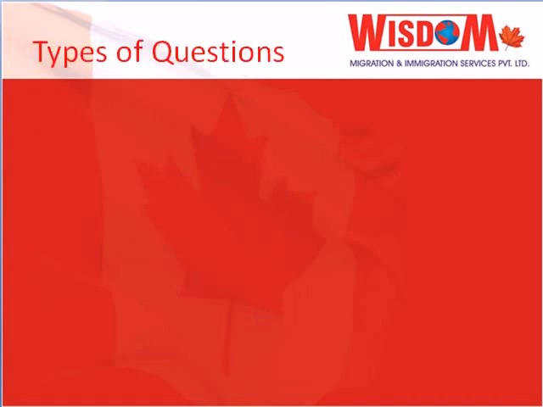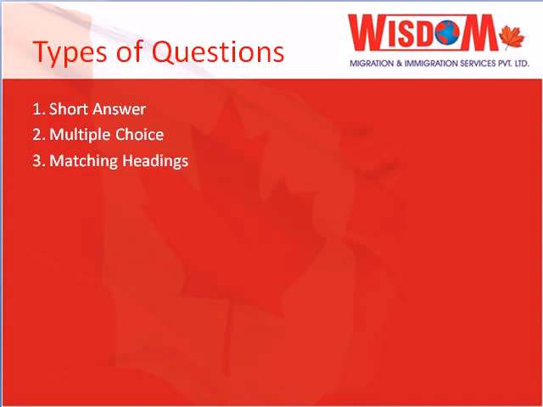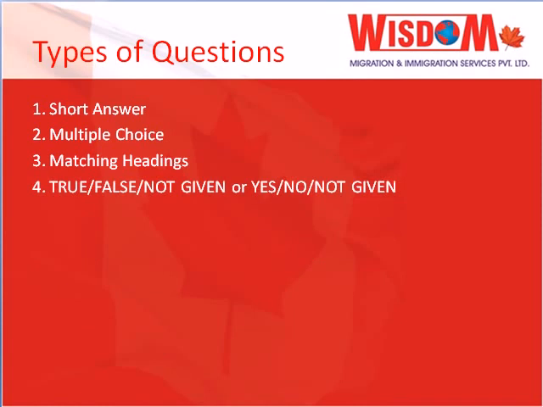Alright then, let's go to types of questions. Here's a rough view of the different types of questions that you might encounter in the IELTS reading test. You have short answer questions, multiple choice questions, and matching headings to the paragraphs. There can be statements where you have to mention whether they are true, false, not given, or yes, no, not given according to the text.